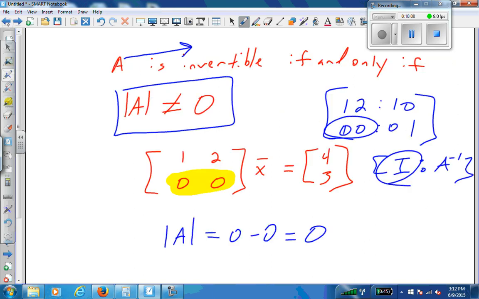So all four of those statements go hand in hand. So if we know the determinant to be 0, no inverse, which also is going to lead to the fact that there's no solution to a system where that's the coefficient matrix. Also, if the determinant is not 0, then it is invertible.